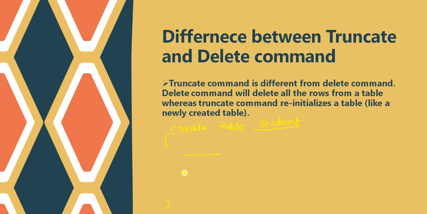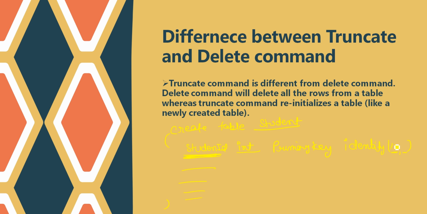Inside this you will specify columns one by one, right? So let's say I want to add a student id column, and then the data type, which should be integer. Now I want to set this student id as a primary key, so I will write primary key. And I want to set this as auto increment, so I will write identity, and here you can specify the start value and the increment.